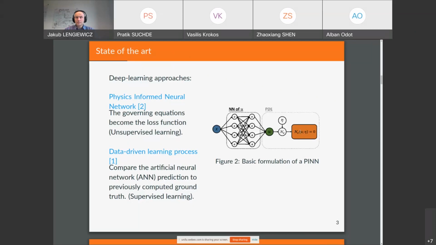This has a lot of advantages since you don't need to acquire or generate data in order to train the network, but it also converges very slowly since it doesn't have a ground truth, so it explores the solution space a bit blindly. And there are the data-driven learning processes where, on the opposite, we converge faster, but we require a lot of data in order to approximate the solution.